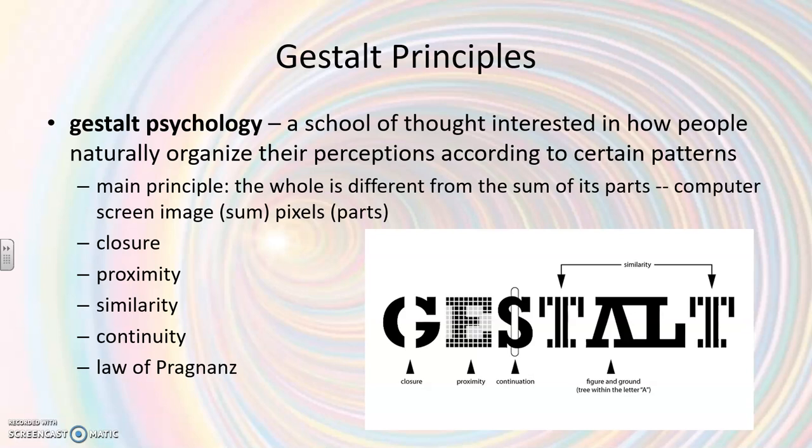Some of these are things that make sense. Some of them are things that you might start thinking about how you organize your room or how you look at different information or start looking at things around you and be like, oh, wow, maybe this is why I see this.